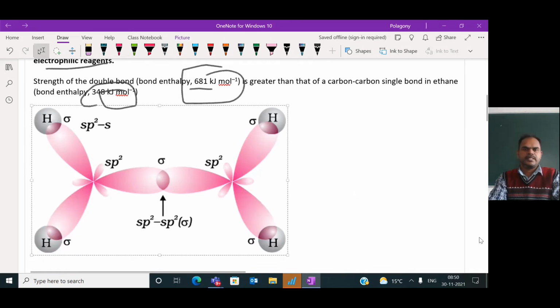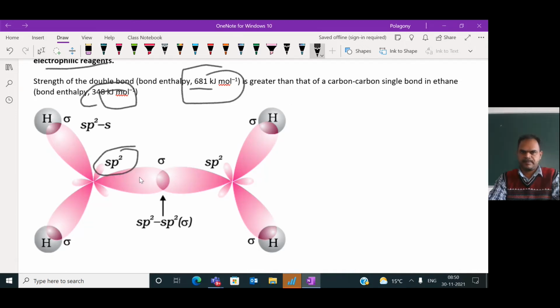If you go into the details of a typical alkene structure, for example the molecule C2H4, each carbon undergoes sp2 hybridization.